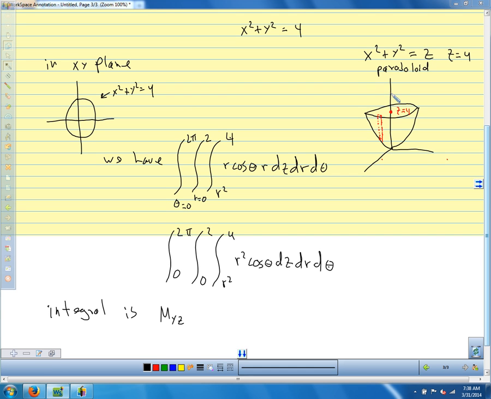Well, here's the yz plane along here. What do we know about our solid with respect to the yz plane? It's symmetrical about the yz plane. What does the moment about the yz plane evaluate to for a symmetrical shape? 0.